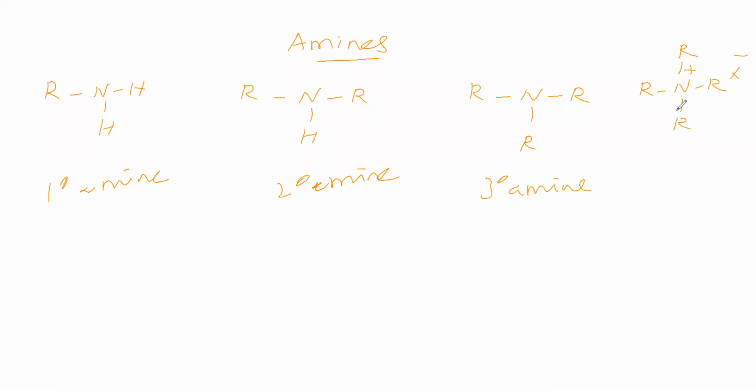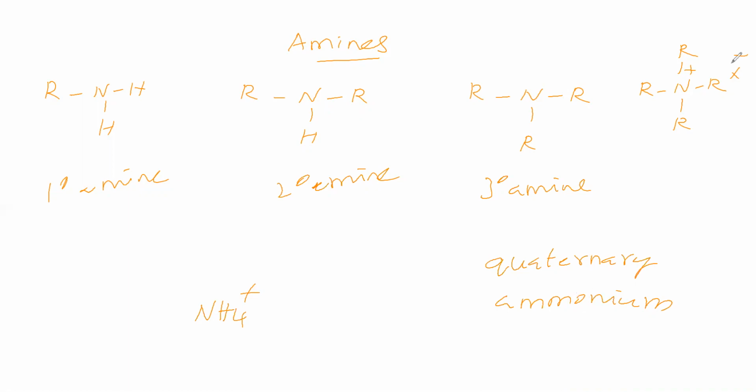Here N is having four substitutions. This is called quaternary ammonium salt. Why do we call it ammonium? NH4 plus is called ammonium ion, and in NH4 plus the charge is on nitrogen, so nitrogen is having positive charge, therefore ammonium.